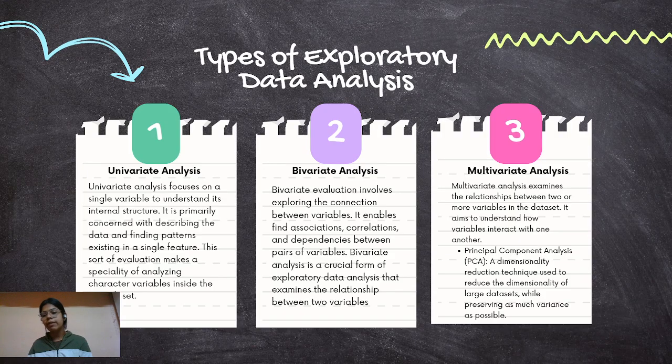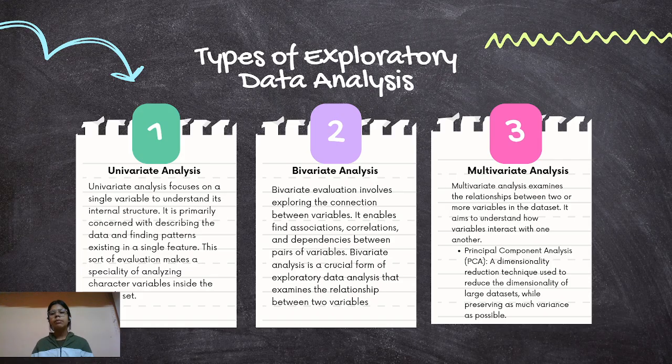Then we have multivariate analysis. Multivariate analysis again examines relationships. It has two or more variables and aims to understand how a variable interacts with another variable, basically the relationships between the variables in the data set.